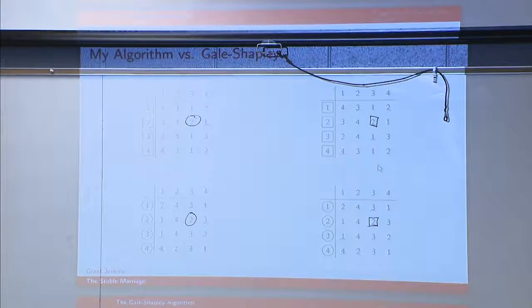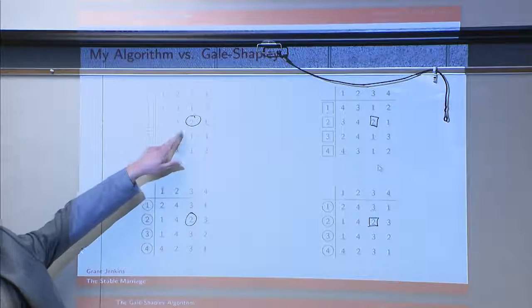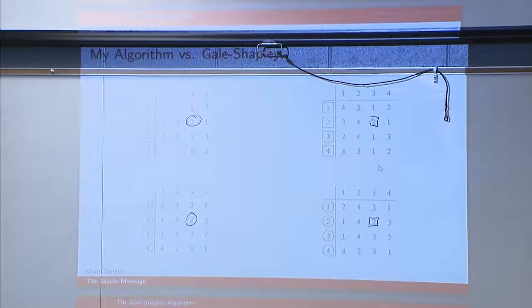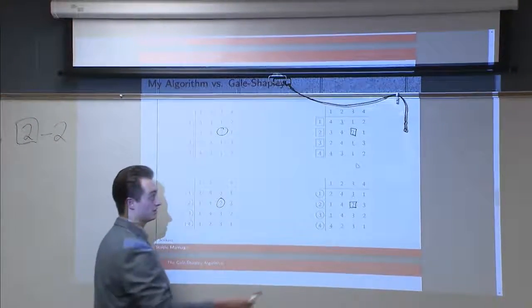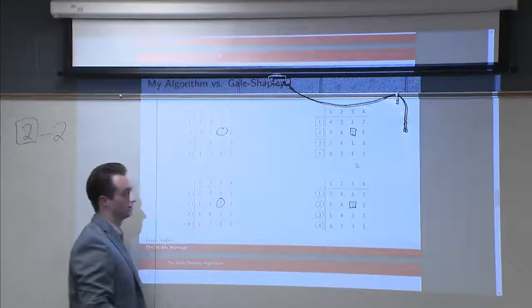Now, unfortunately, this doesn't mean that the blocking pair or the unstable match that we had here will always be included in the Gale-Shapley. This was just coincidence that this match was placed in.